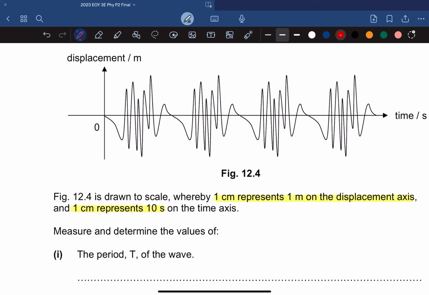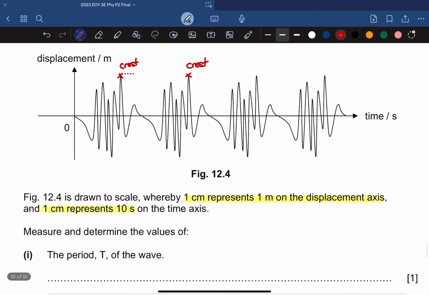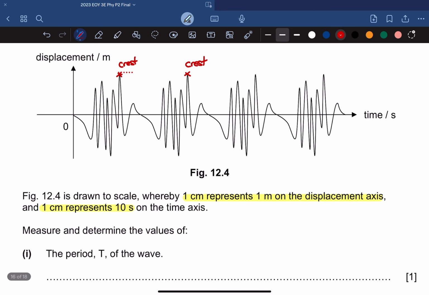So let's say this is identified as a crest. You can see that this is another crest as well. So the period would be the time taken for the wave to get to the next crest. This is the period.